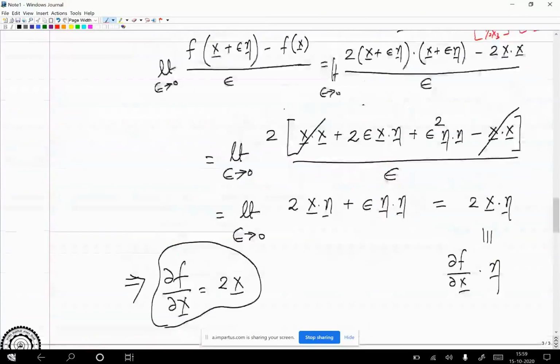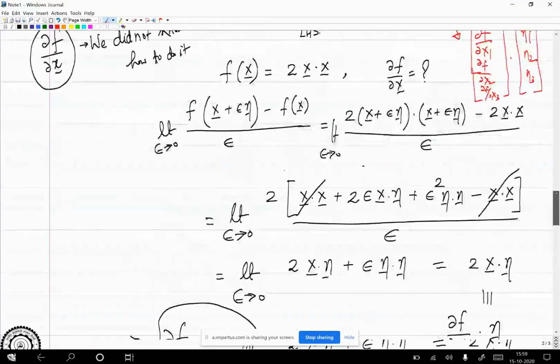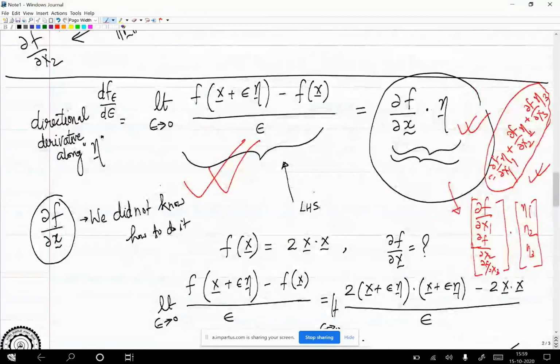This is what you had here, see, and therefore I could write the right hand side the way I have written here.